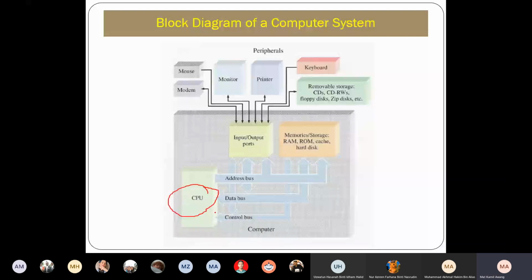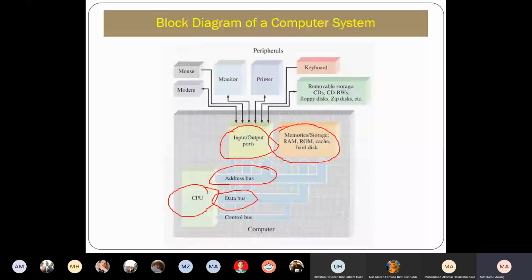You have the memory. We covered memory in the last lecture. You have the input and output ports. Then we covered the address bus, remember, and we covered the data bus last week, and we have a control bus to control the CPU. And of course, input and output.